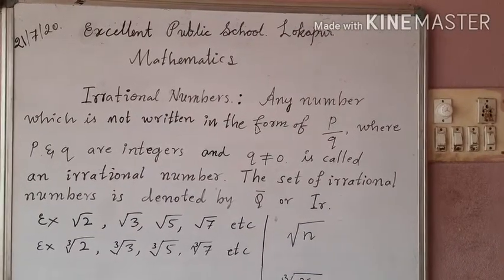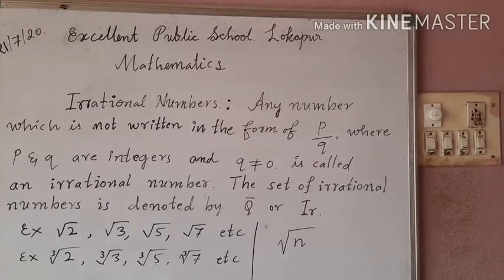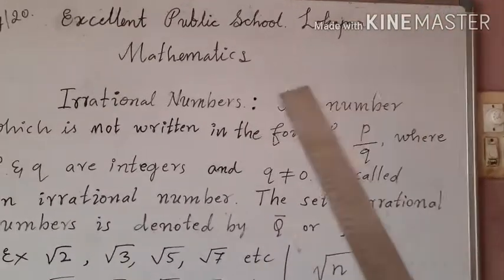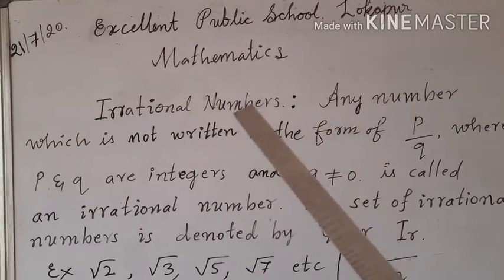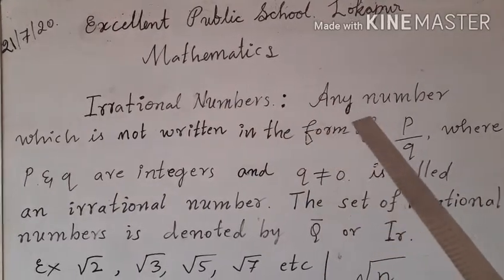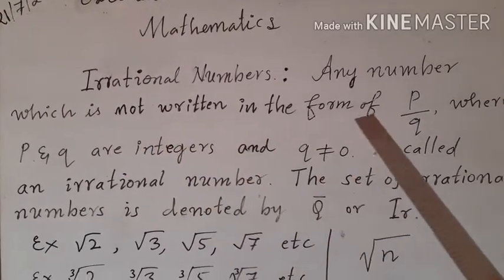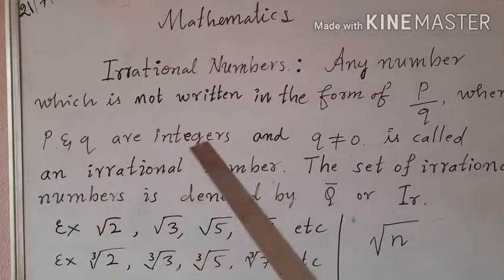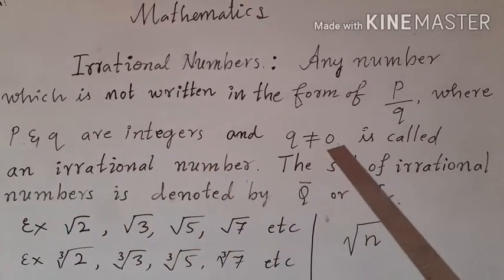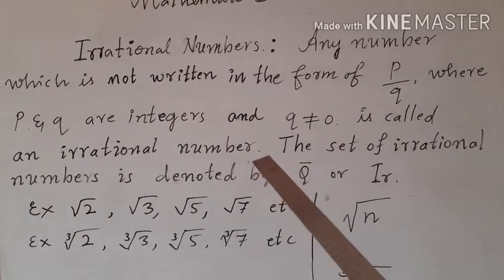Now, look at the board, children. Irrational numbers. Let us understand the definition of irrational numbers. Any number which cannot be written in the form of p by q, where p and q are integers and q is not equal to 0, is called an irrational number.